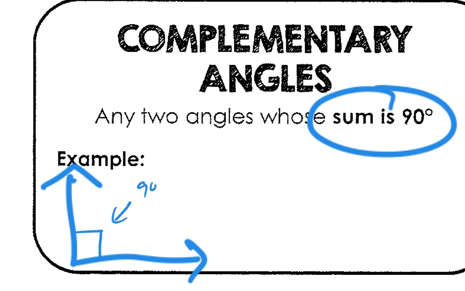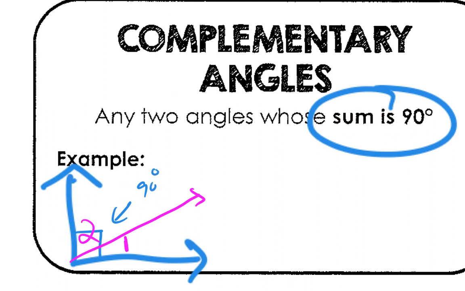So if I took a line and cut it right here, we would have two angles, angle number 1, and this would be angle number 2 right over here. But they would add to 90 degrees. So the sum of them is 90.